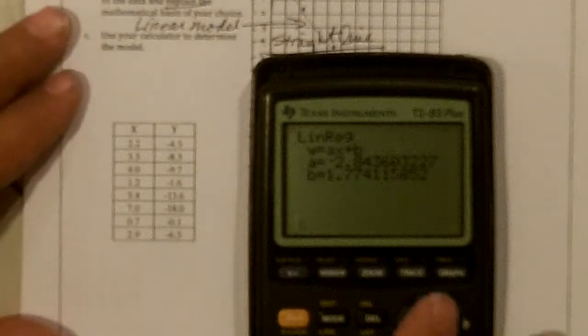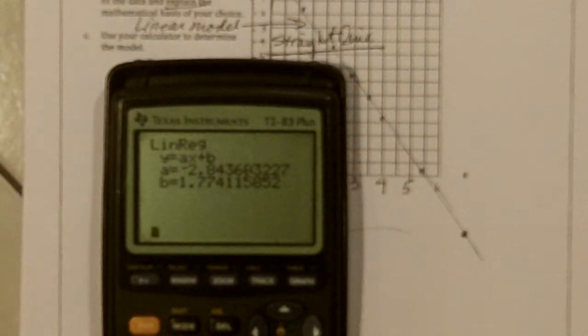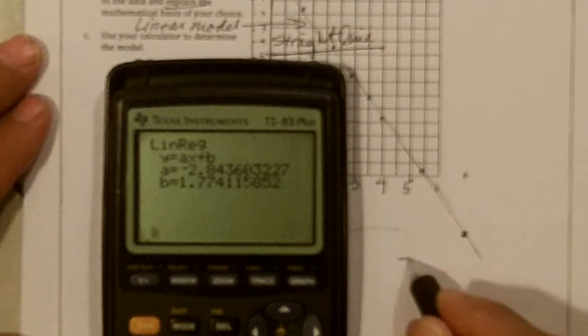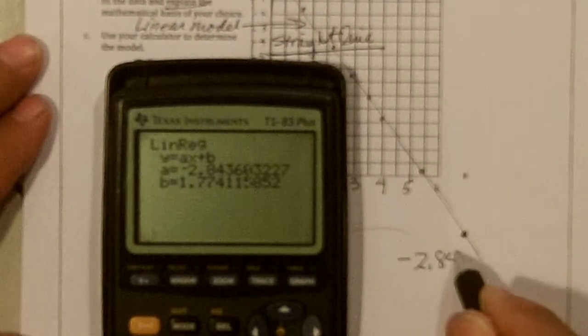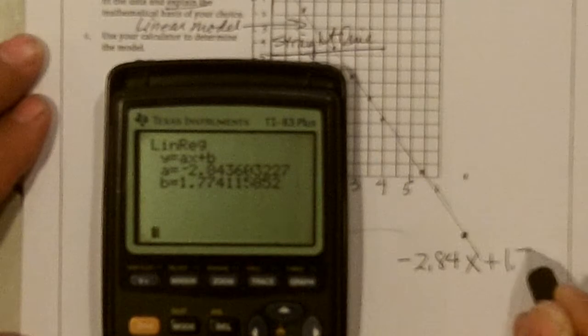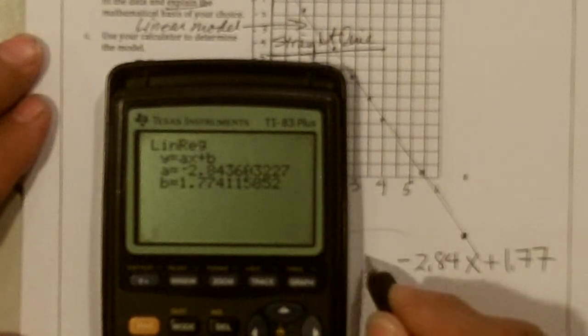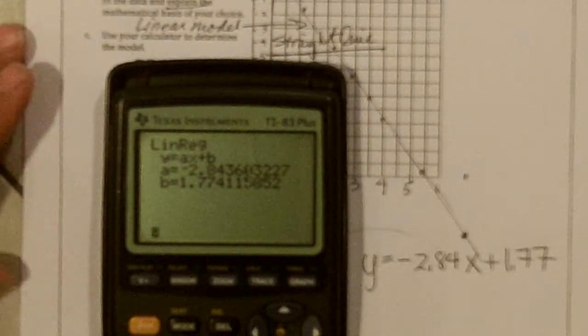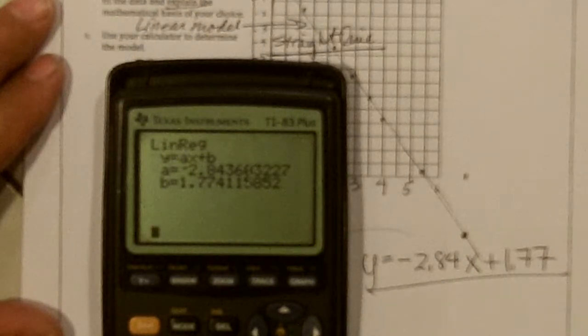So I press enter, and it says the slope should be negative 2.84 x plus 1.77 for the y-intercept. And that's my linear model.